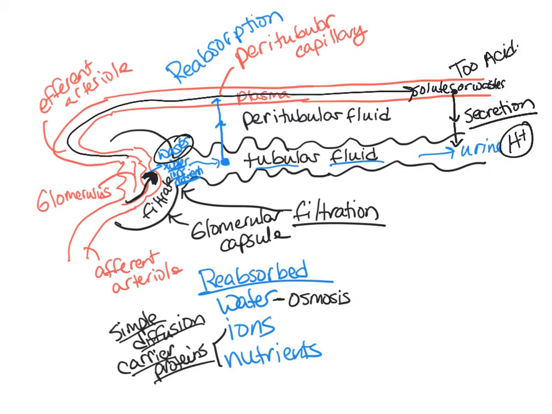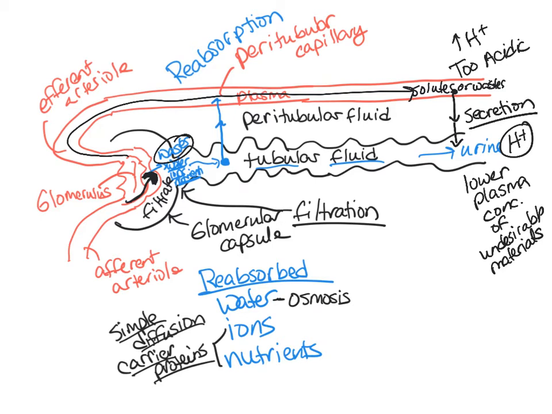Because remember, if the blood is too acidic, it means it has too many hydrogen ions, and so we can get rid of those hydrogen ions during secretion in this tubule. So basically secretion will lower the plasma concentration of undesirable materials. It basically provides a backup to filtration.